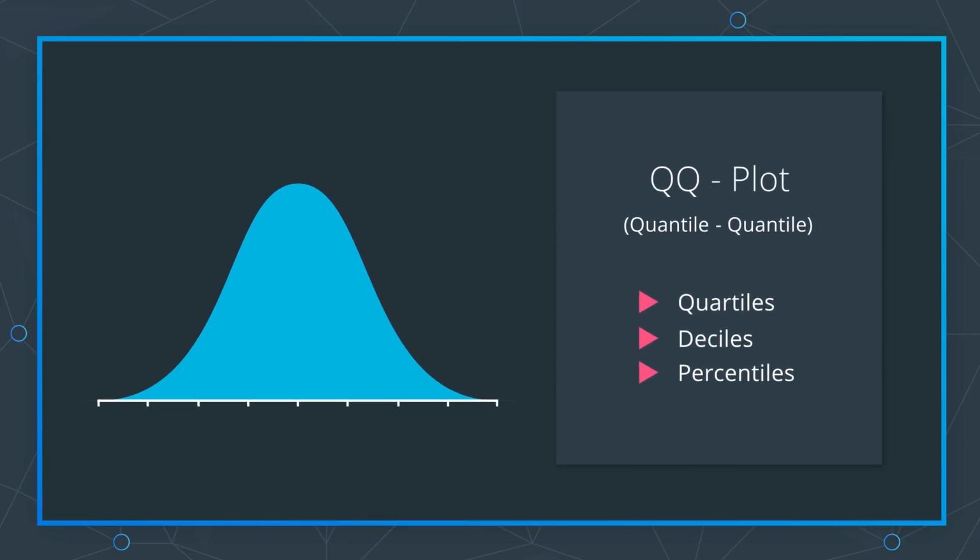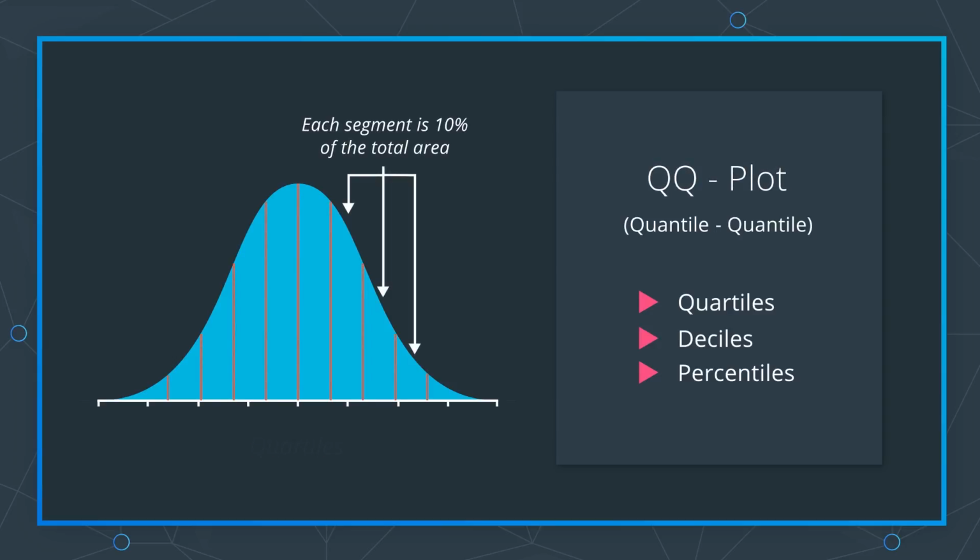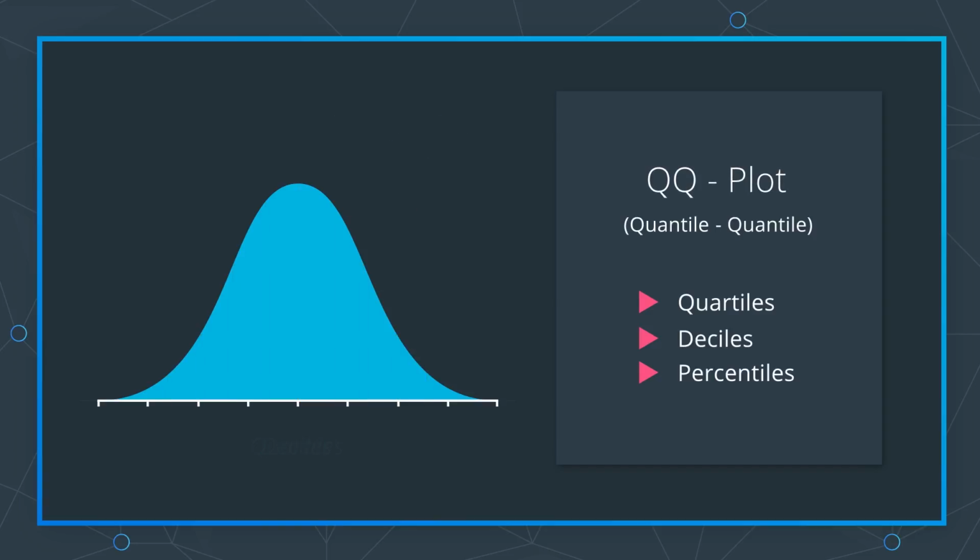Recall that when we sort the data points from smallest to largest, we can find boundaries that divide the data into groups with equal number of points. If we divided data into 10 buckets, the 9 boundaries are deciles. If we divided data into 100 buckets, the 99 boundaries are called percentiles.